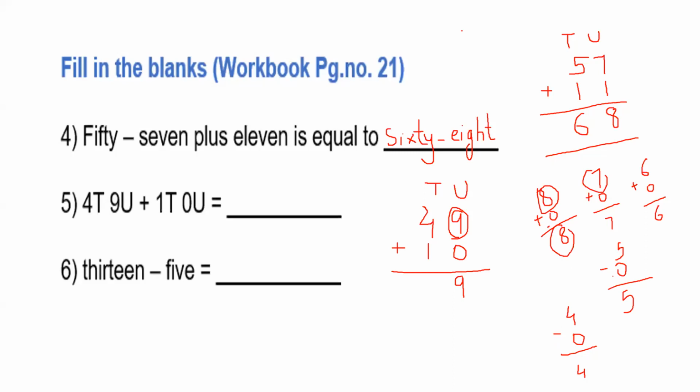Yes. Then 10 plus 0. 10 plus 0. 10. Very good. 11 plus 0. Yes, 11. Understood? Any number added or subtracted with 0, that number only will be the answer. Don't be confused.